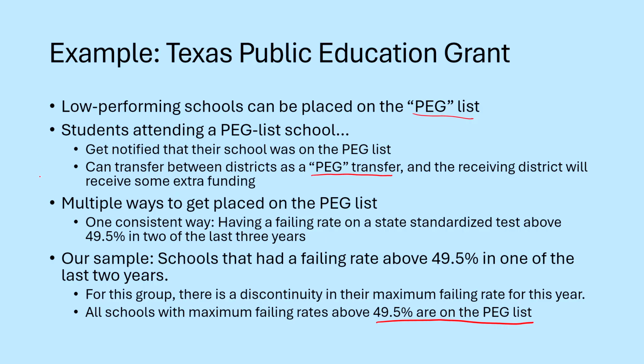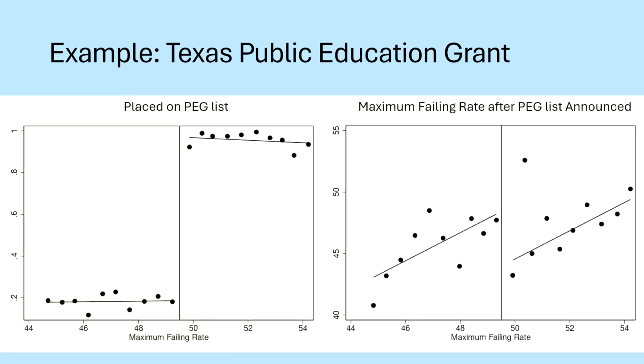Okay, all of that is background. And if that was a little bit too quick for you, I'll place a link to the paper in the description if you're really interested. But the main reason I wanted to bring out this example was just to show you what these graphs look like with real-world data. So what I've shown here on the left-hand side is this graph of your probability. The left axis is the probability of being placed on the PEG list.